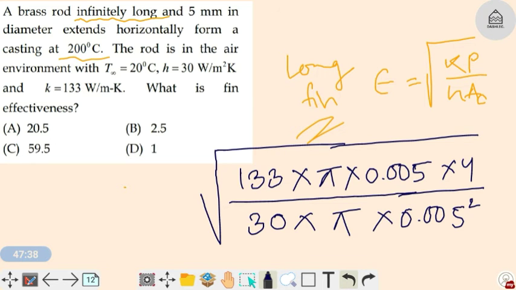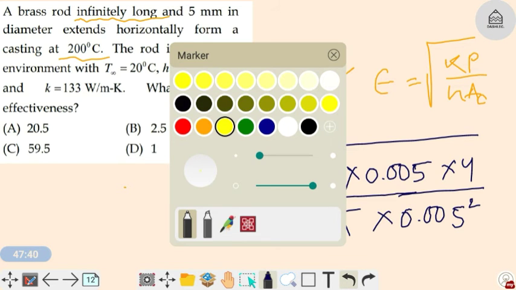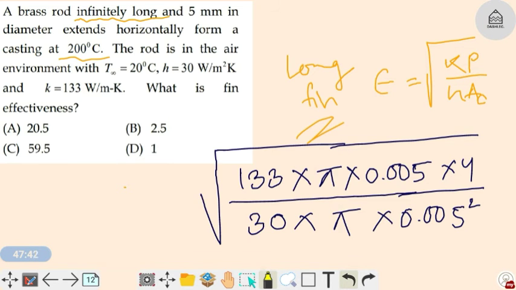So from here, what are being cancelled out? Pi gone with pi. 0.005 takes 1 power. Now this much. So from here, my fin effectiveness has come 59.55. If I calculate this, option C. Now let's move to the next question.